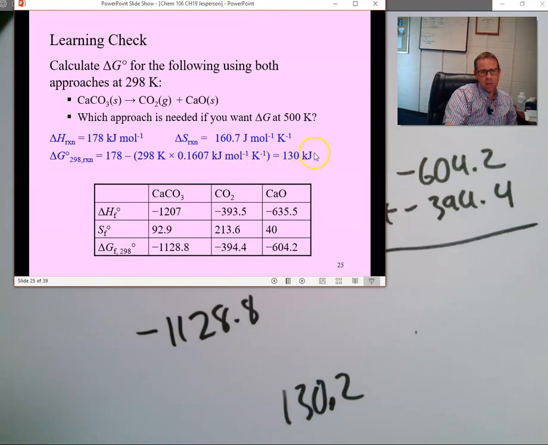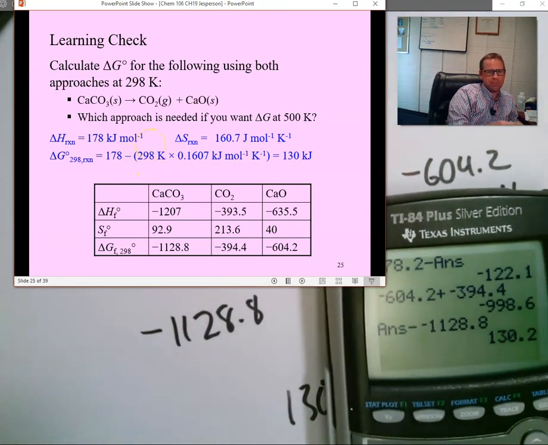Now, as this was 130 at 298, let's see what happens when we change that to 500 degrees. Let's see if we can get enough of a contribution to make it spontaneous.